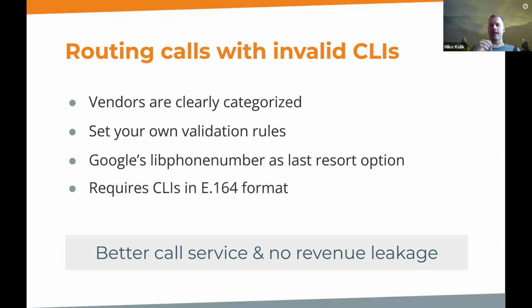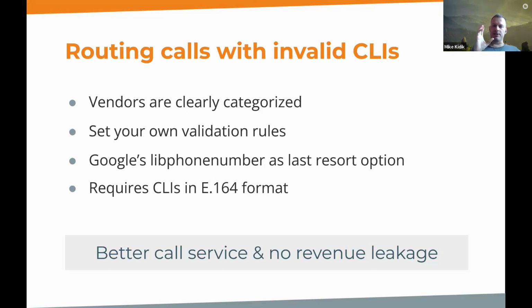And for calls that come to the system, it will automatically check the CLI. If CLI is considered valid, then it's fine. It works the same way as it used to work before. The call is routed to all appropriate vendors. But if the CLI is invalid, when the routing list is built, the system will skip all those vendors which you explicitly marked as requiring only valid CLIs.